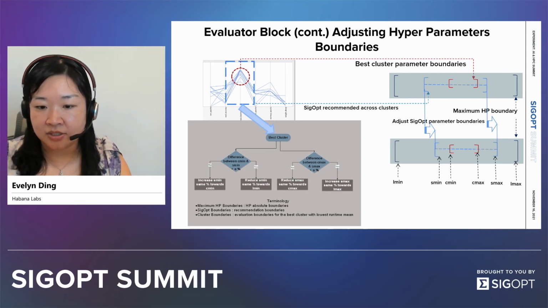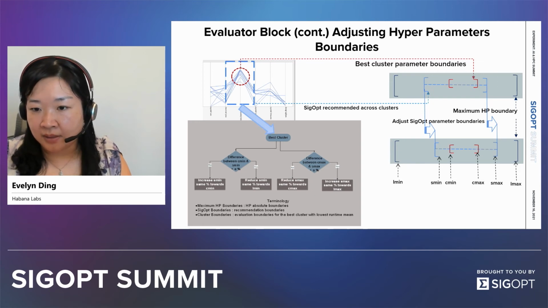That's our best search space defined from our best cluster. We are going to use this range compared with the SigOpt recommended range. The SigOpt recommended range is highlighted in light blue between the red and the black bracket.